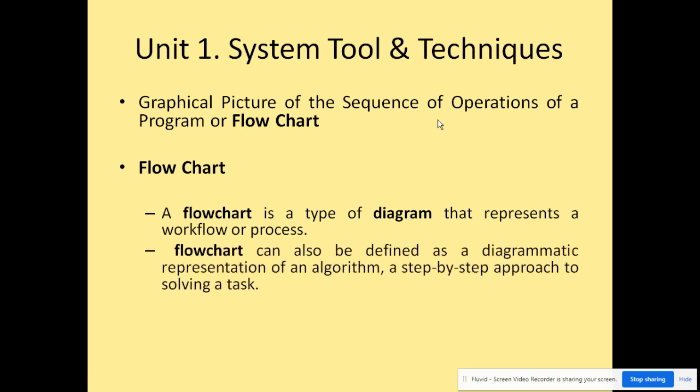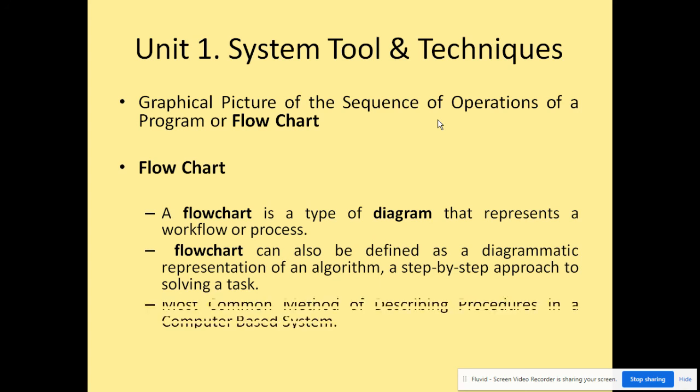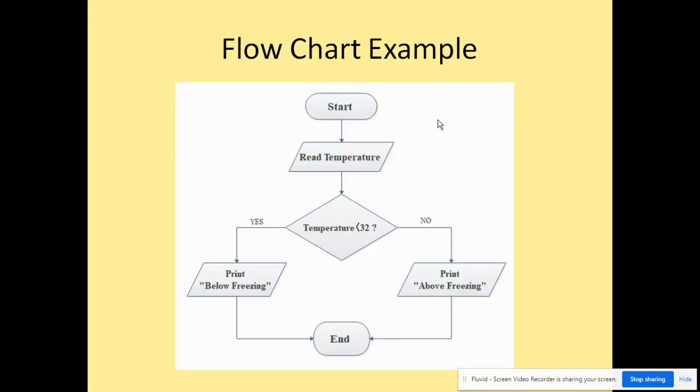The flowchart can also define the diagrammatic representation of an algorithm, that is a step by step approach that will solve the task. It is the most common method to describe the procedure in a computer based system. So this is an example of a flowchart.